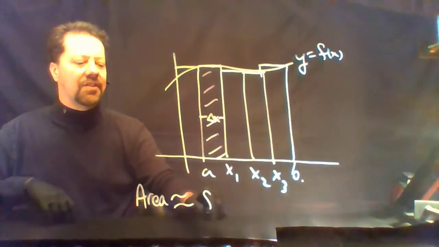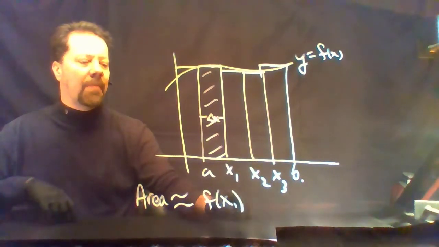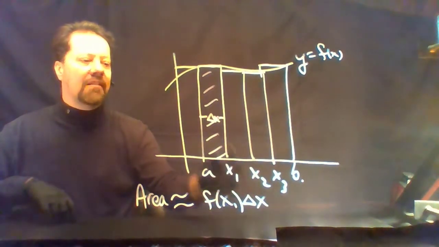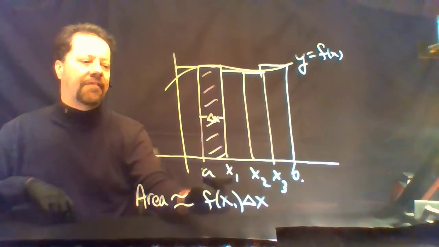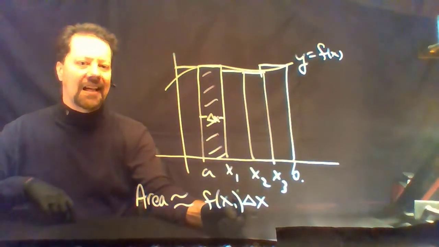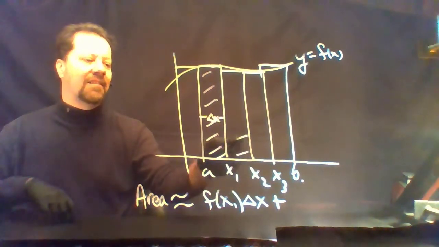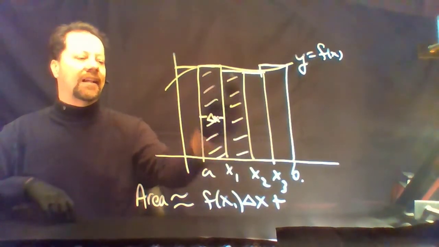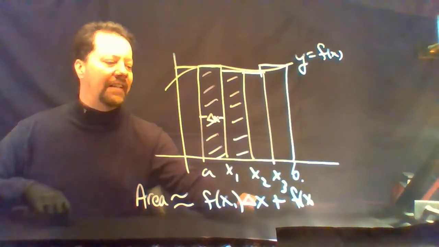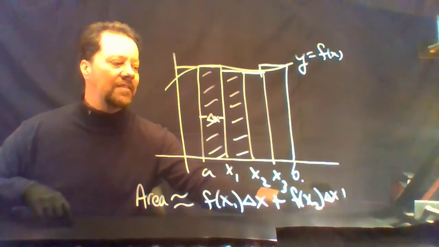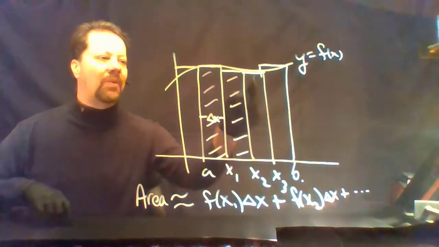The height is determined by the function value. So the area of this first rectangle is f of x1 times delta x. To this we need to add the area of the next rectangle, which is f of x2 delta x, and so on.